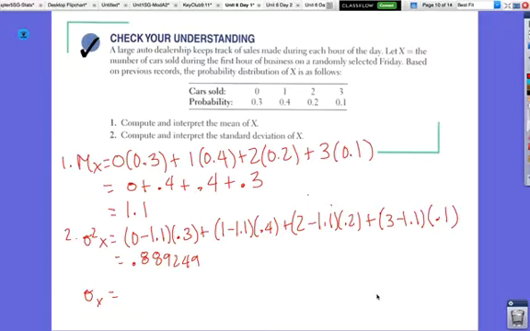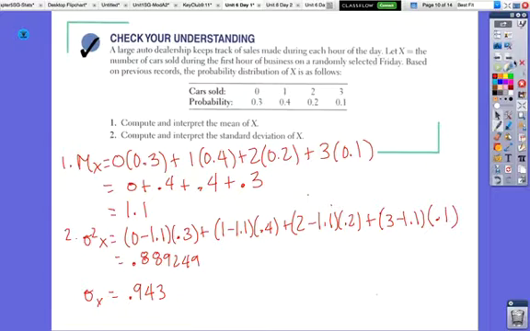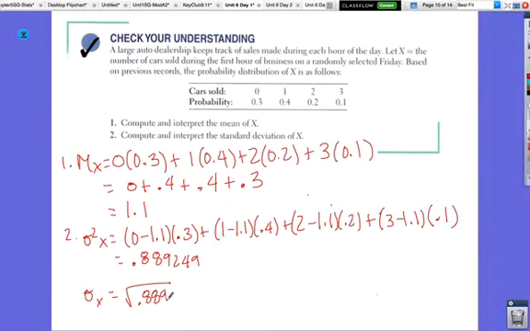And so when you take the square root of that, you would get 0.943. Let me write out the steps for that. So you would take the square root of 0.889249. And whenever you did that, you would get 0.943.